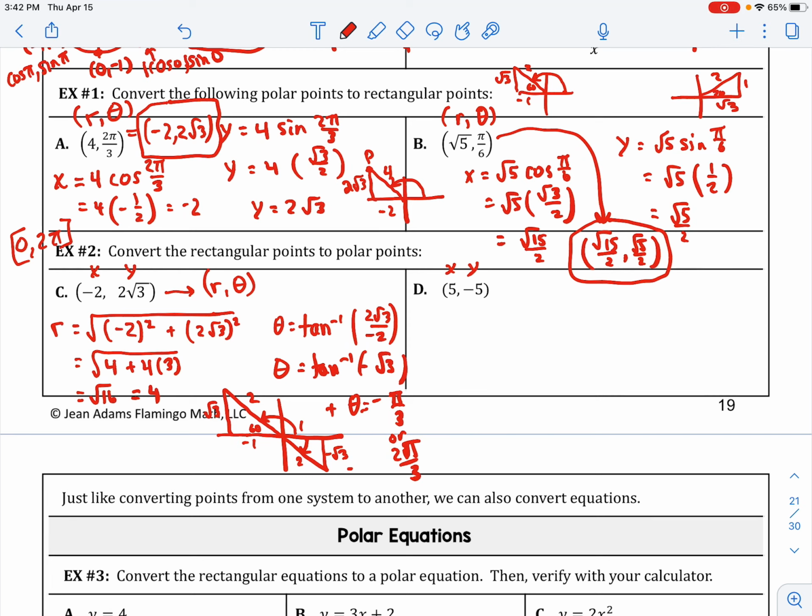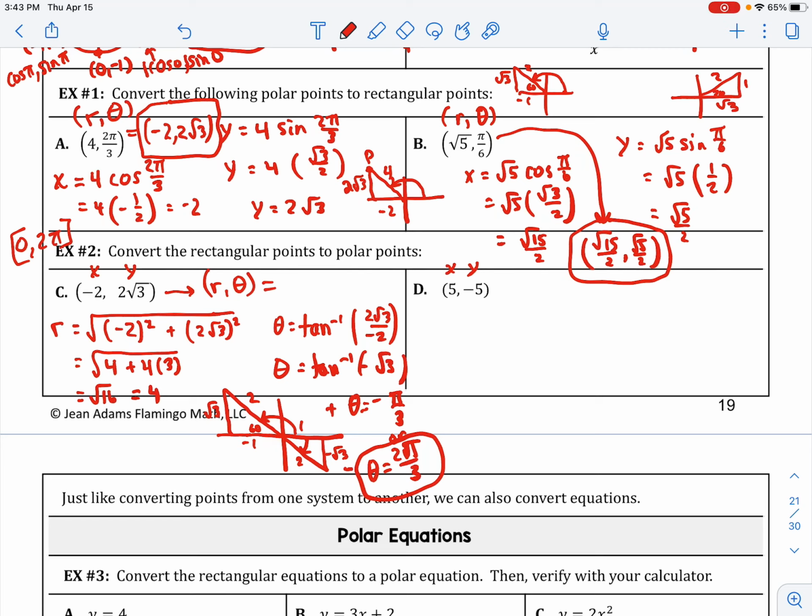This would be a negative 1. So in both of these spots, your answer to the tangent is negative square root of 3. If you did not want a negative angle, your theta would be positive 2 pi over 3, but I'm going to tell you that typically when you're solving an inverse tangent problem, if it's positive, you go to the first. If it's negative, you go to the fourth.